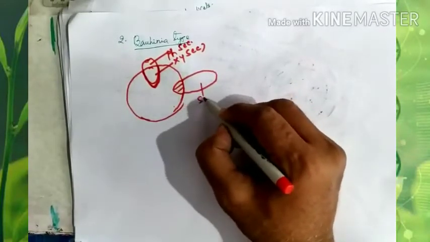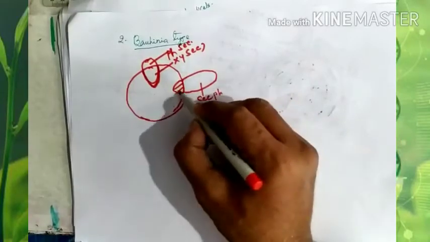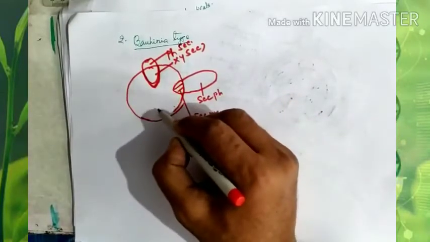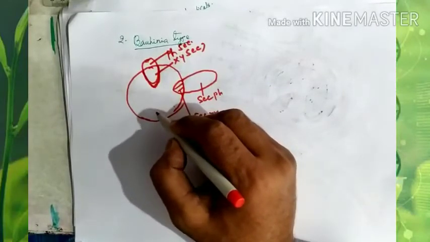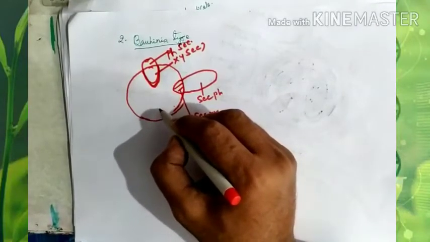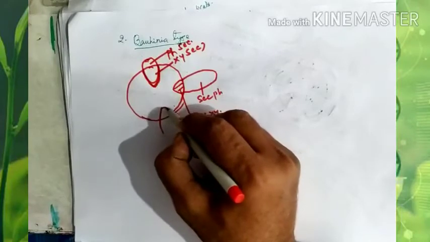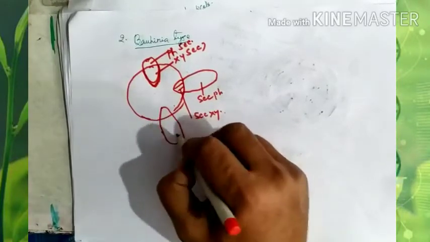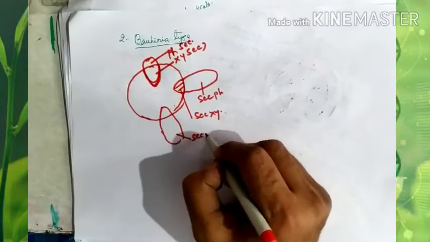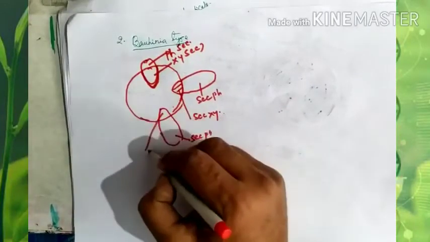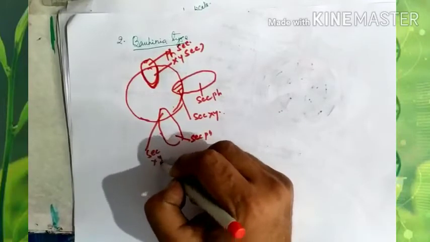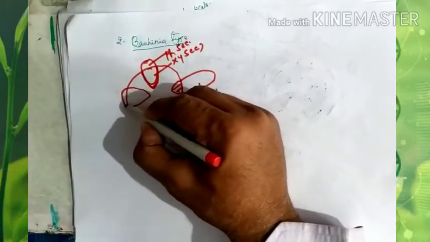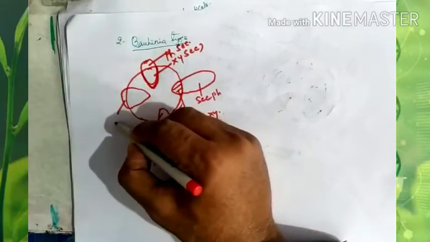This is secondary phloem, this is secondary xylem, and here also the secondary phloem, secondary xylem. Here the secondary xylem is less, and here the secondary xylem is greater and the secondary phloem is less.